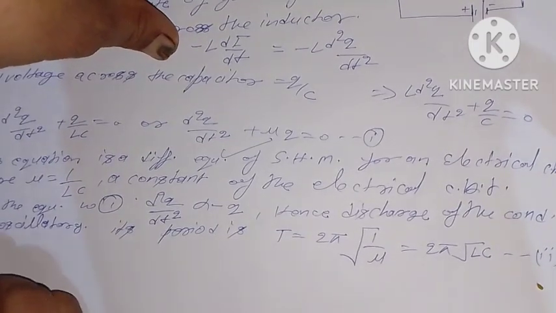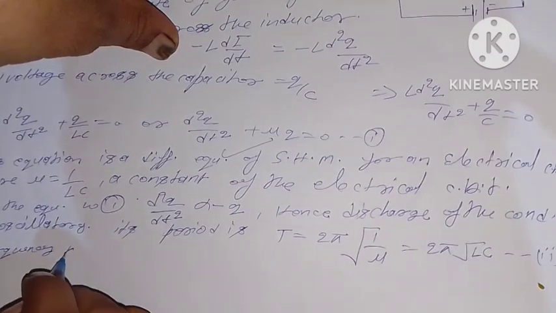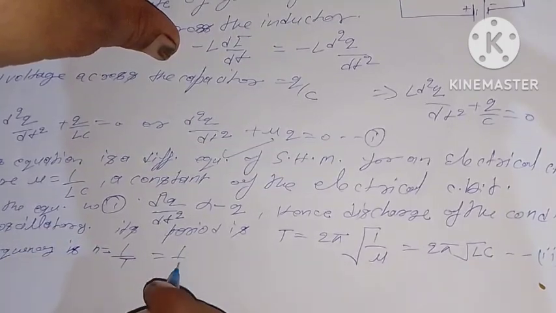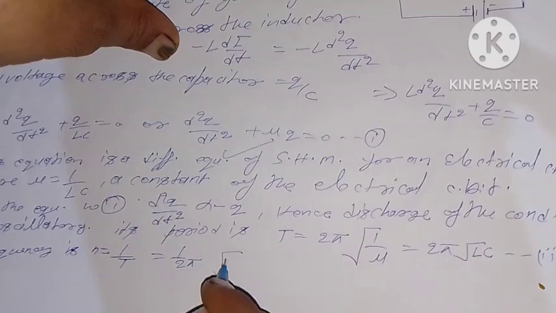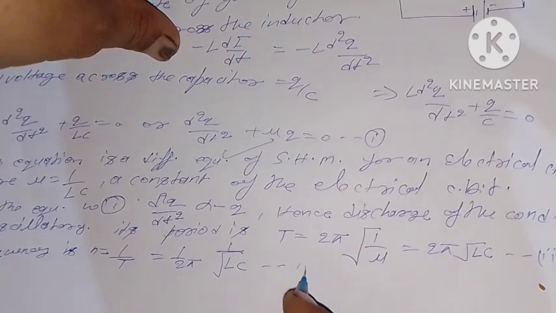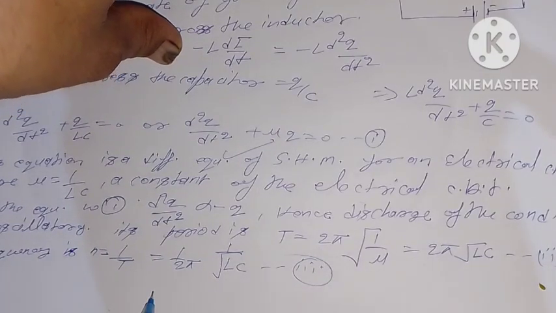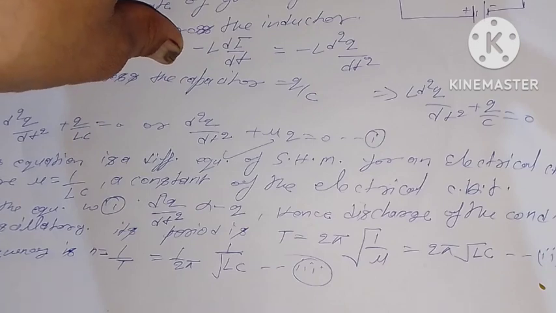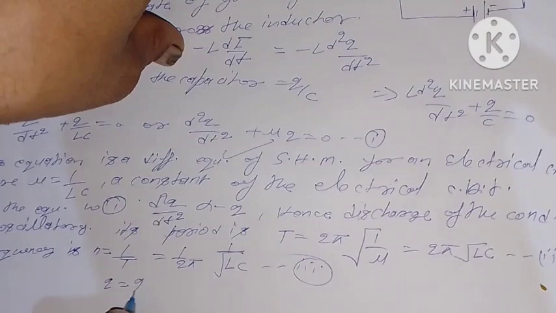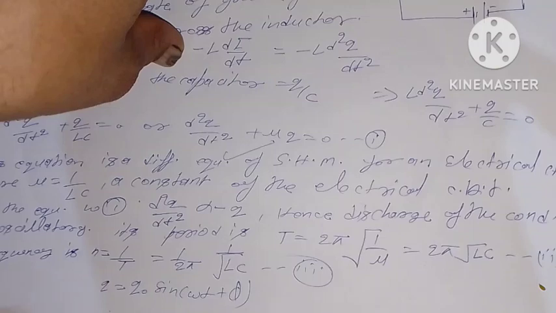Frequency is n equals 1 by T, that is, 1 upon 2 pi under root of 1 upon LC. This is equation number 3. Since equation number 1 is the differential equation of simple harmonic motion of an electrical circuit, its solution is Q equals Q naught sin(omega t plus phi).